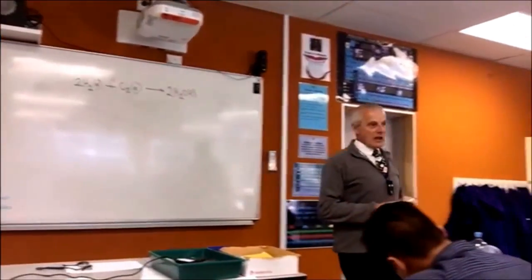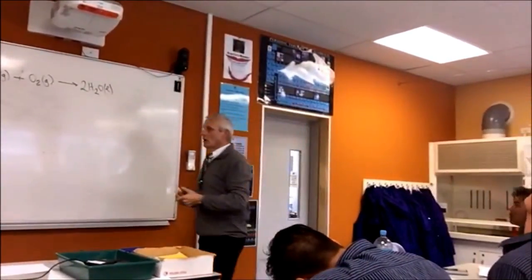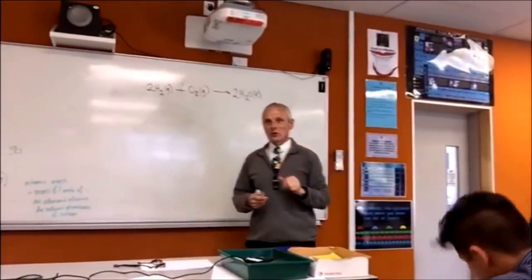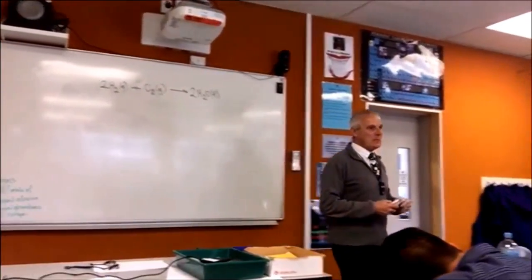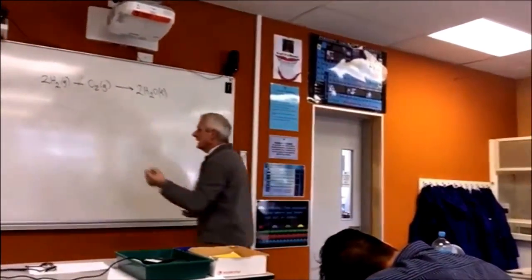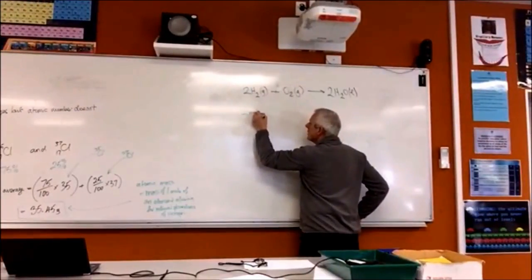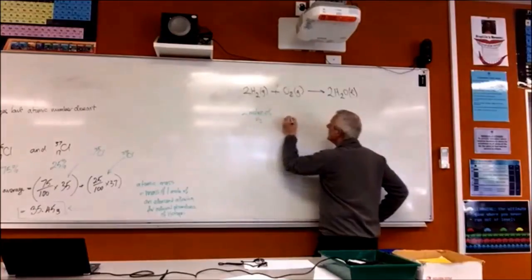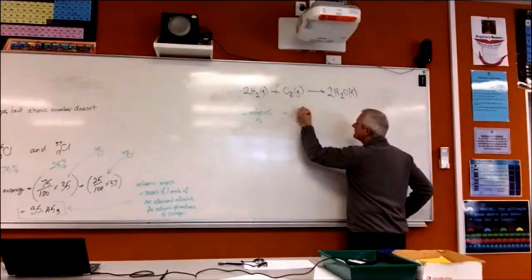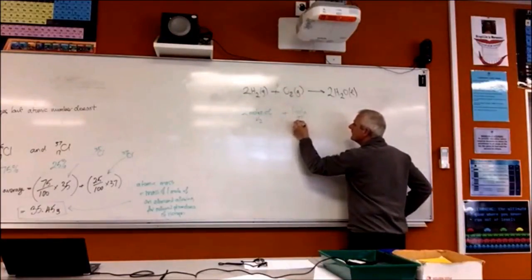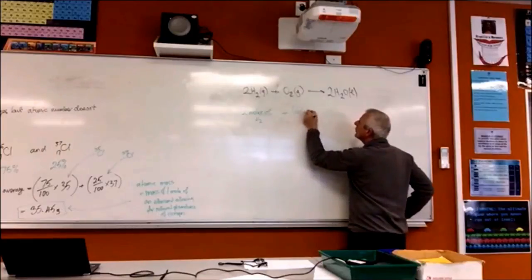So this means now that rather than dealing with molecules, we can deal with moles. We can scale it up, people. Scale it up. So, 2 mole, let's keep it all on one line.